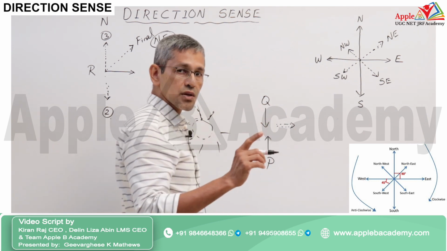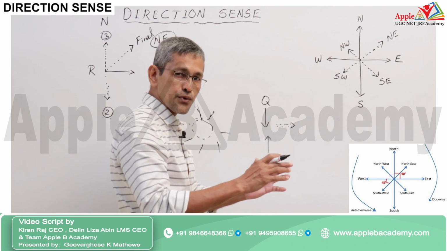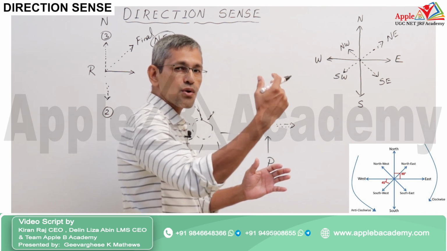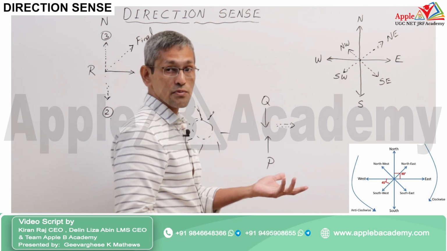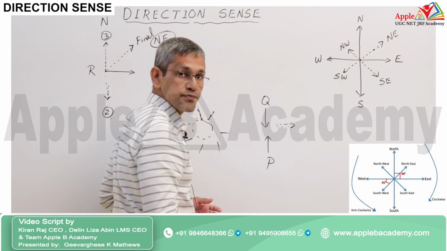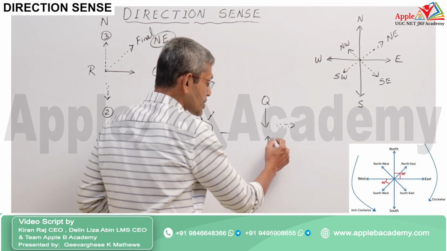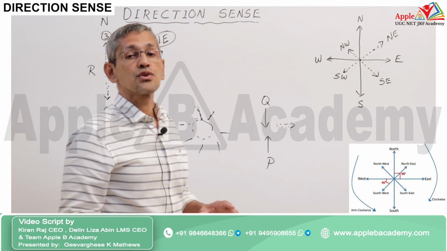What is mentioned in the question is that the shadow of Q is exactly on the left hand side of P. In this case, this is the shadow of Q, and that shadow is on the right hand side of P. That is not the case.